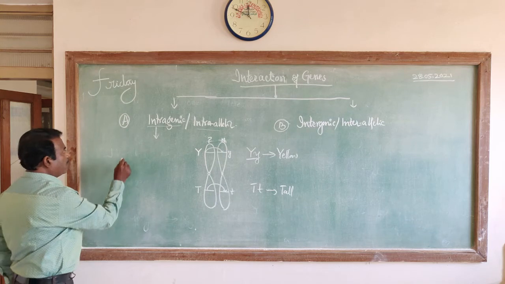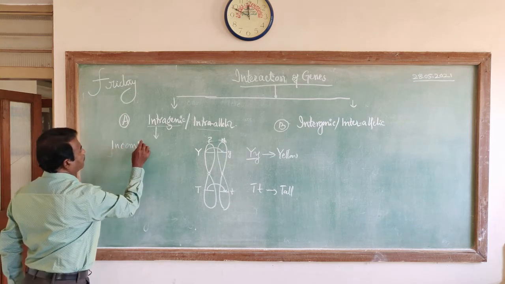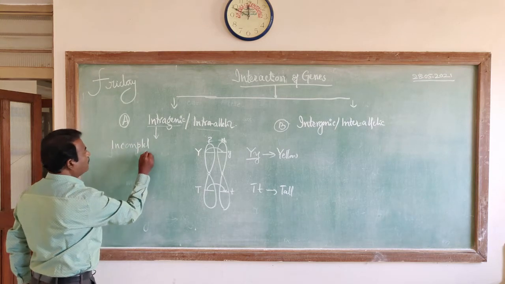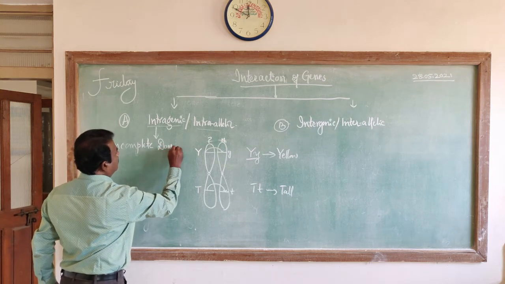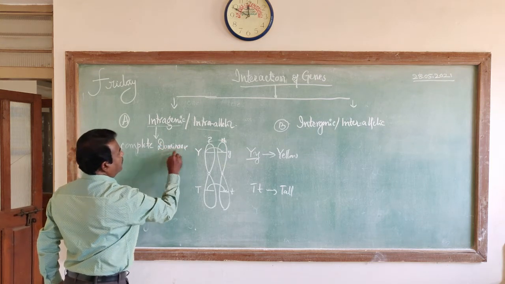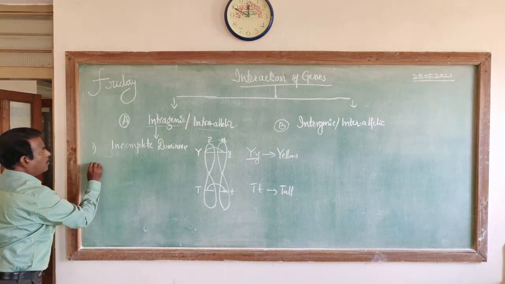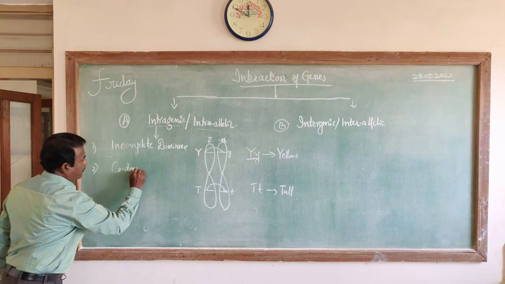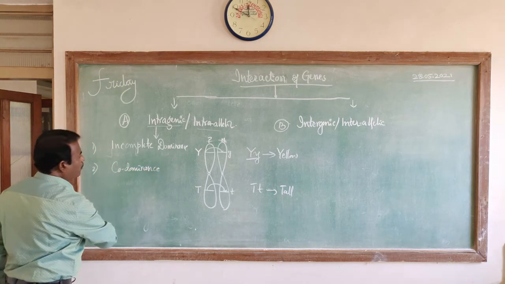Where do we find intragenic or intra-allelic interaction? We can find it in case of incomplete dominance. This is another type of expression of phenotype, where it is a case of intra-allelic interaction. Then one more is codominance.